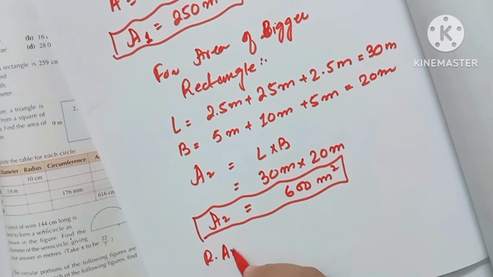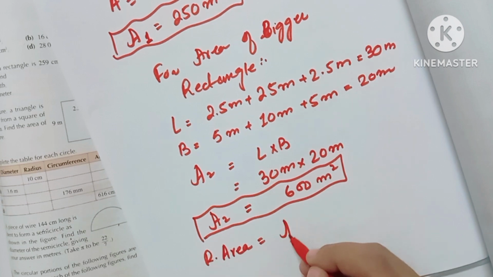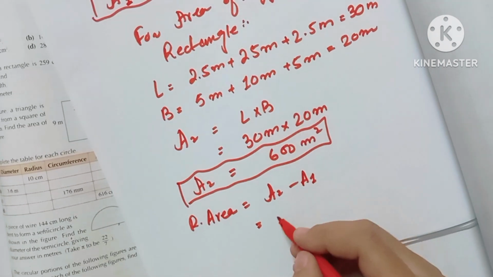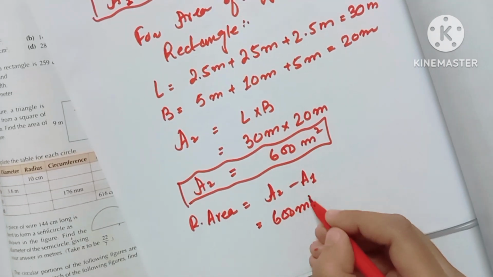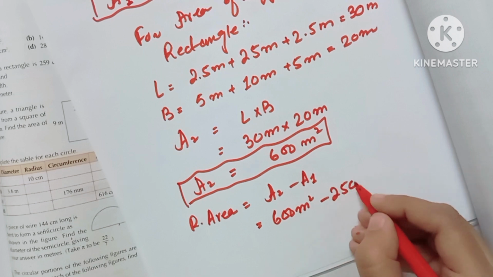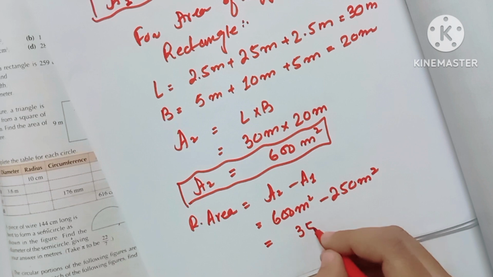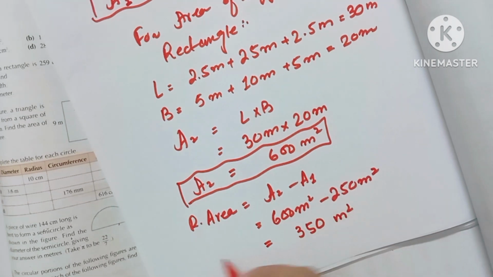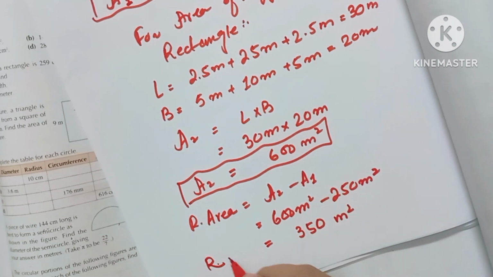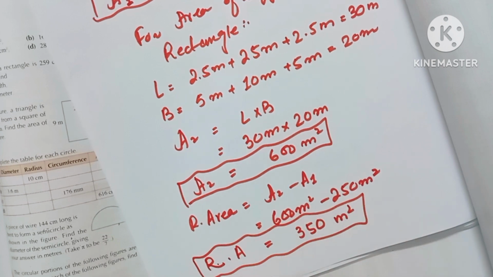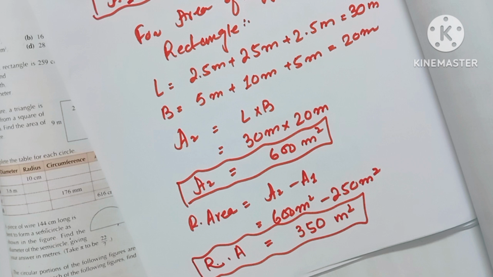Required area is equal to A2 minus A1, that is 600 meter square minus 250 meter square, which is equal to 350 meter square, and that is the required area of the concrete path. So that is the solution of this question.